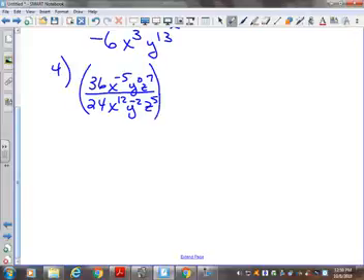I'll leave it that way. Alright, let's look at this one. This is originally written as a division problem. It's kind of organized already. But some of the terms may need cleaning up. So I'm going to separate them and clean them up as we take them out of this big division problem.